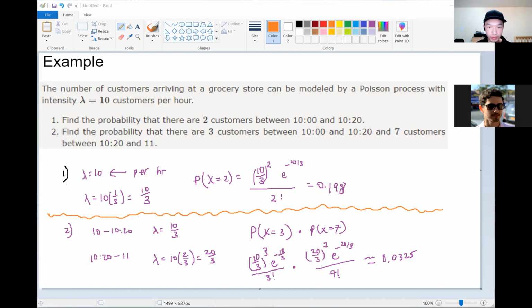This is just the Poisson distribution, but with an extra rule, essentially. Yeah, pretty much. Why is it called the Poisson process?